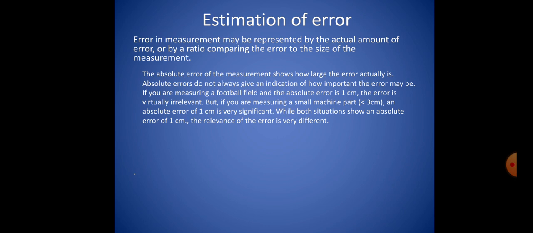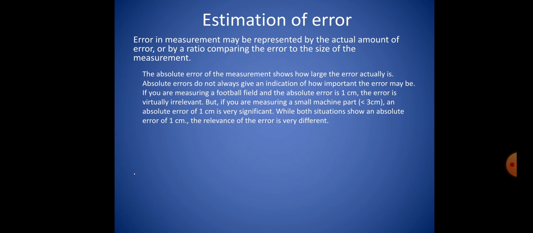But if you are measuring a small machine part whose size is less than 3 centimeter, then an absolute error of 1 centimeter is very significant.